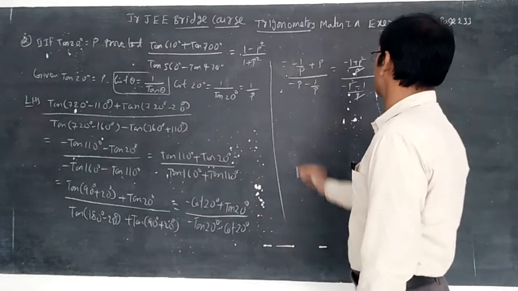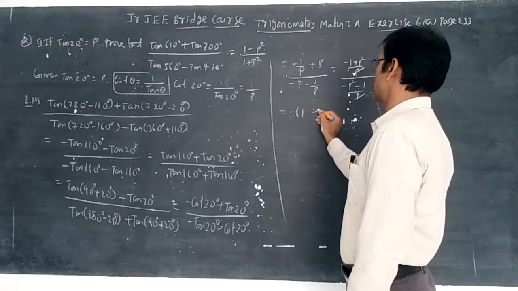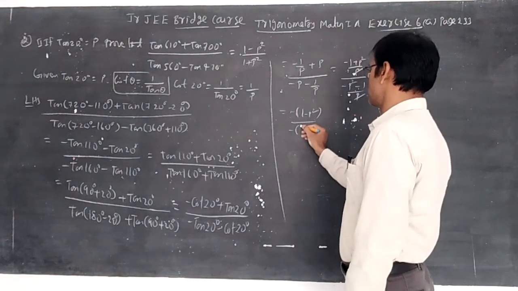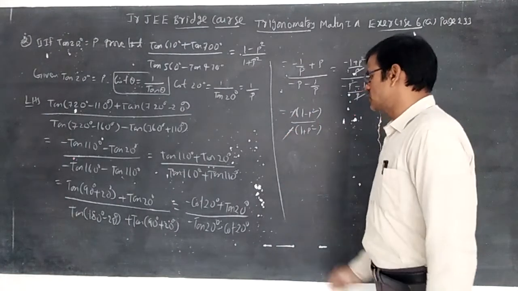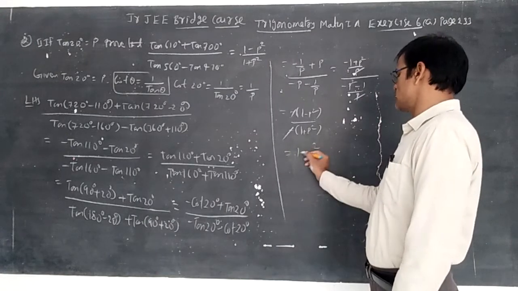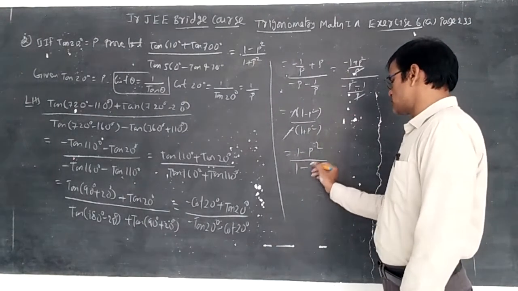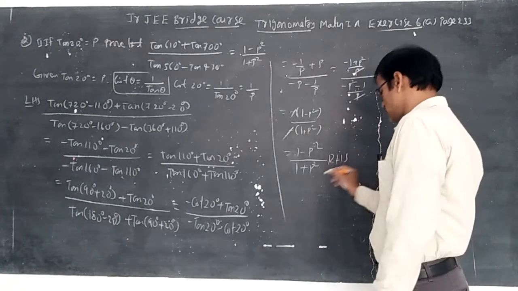P taken common, minus taken common in numerator and denominator also, it becomes 1 minus p square by minus of 1 plus p square, or p square plus 1. Minus and minus will get cancelled in numerator and denominator. So it becomes 1 minus p square by 1 plus p square. This is RHS.